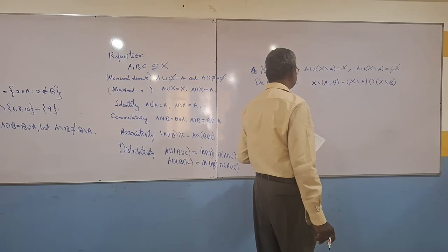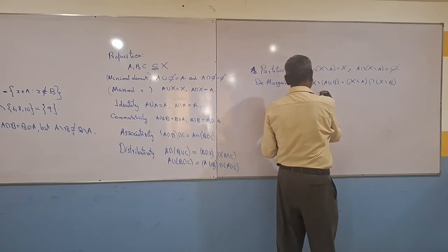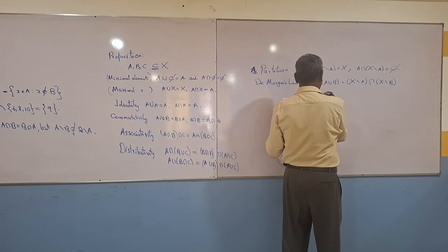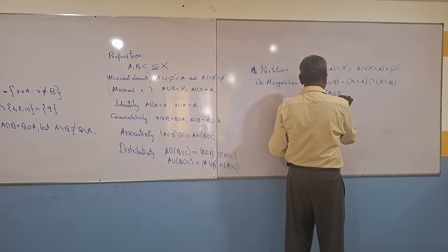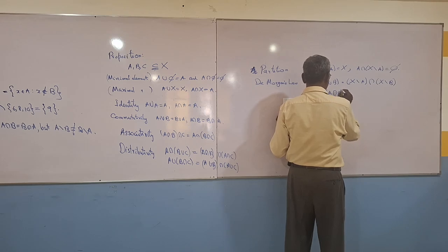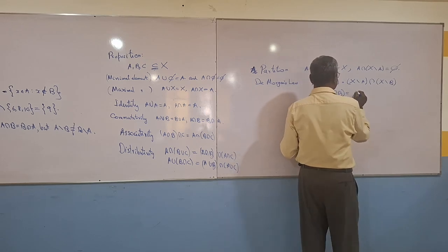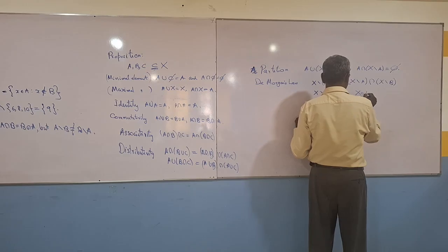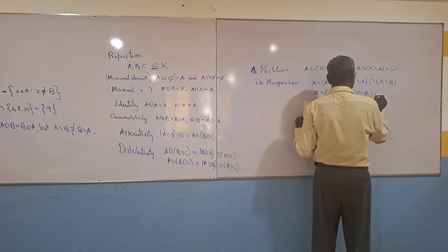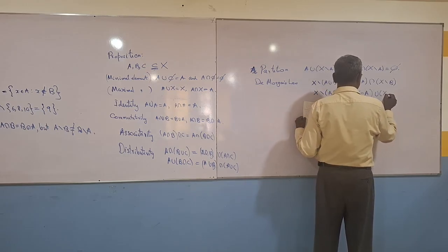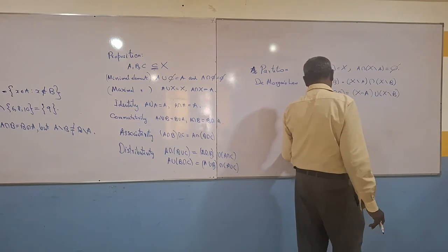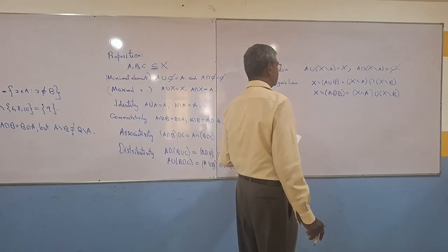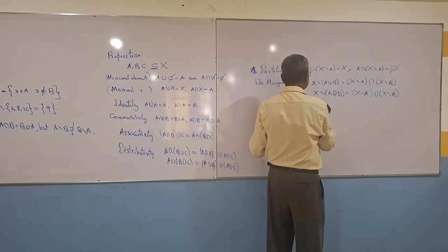Now let me write the other one also first. X minus (A intersection B) is X minus A union X minus B. It is like not.